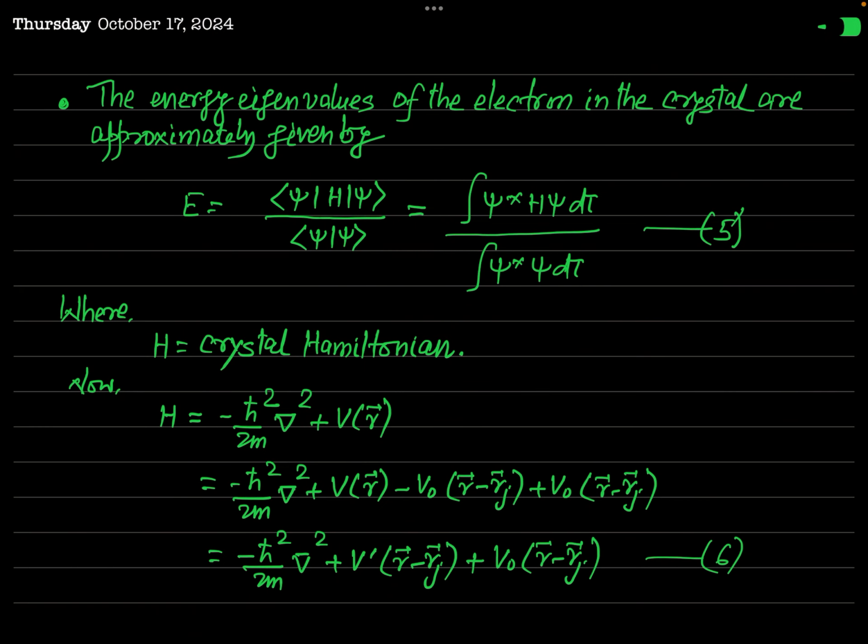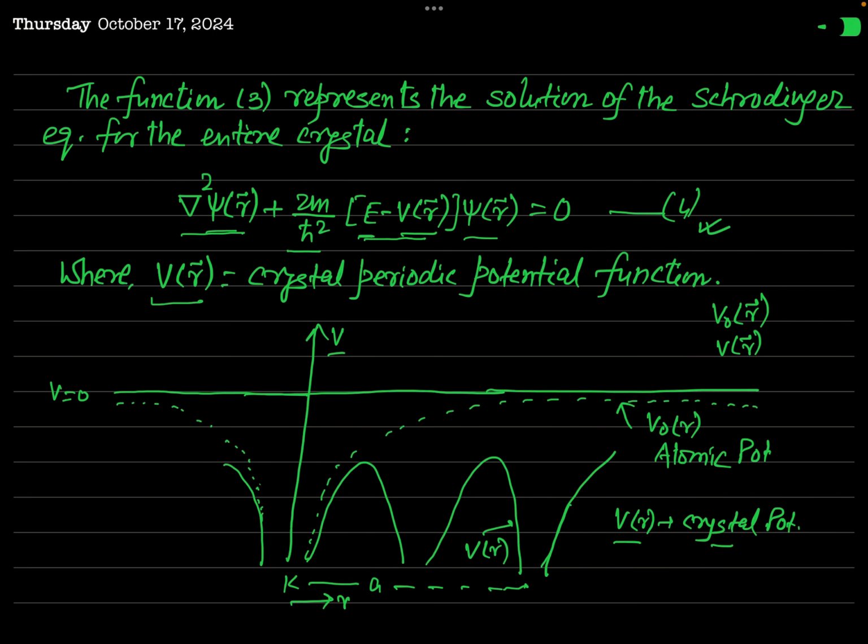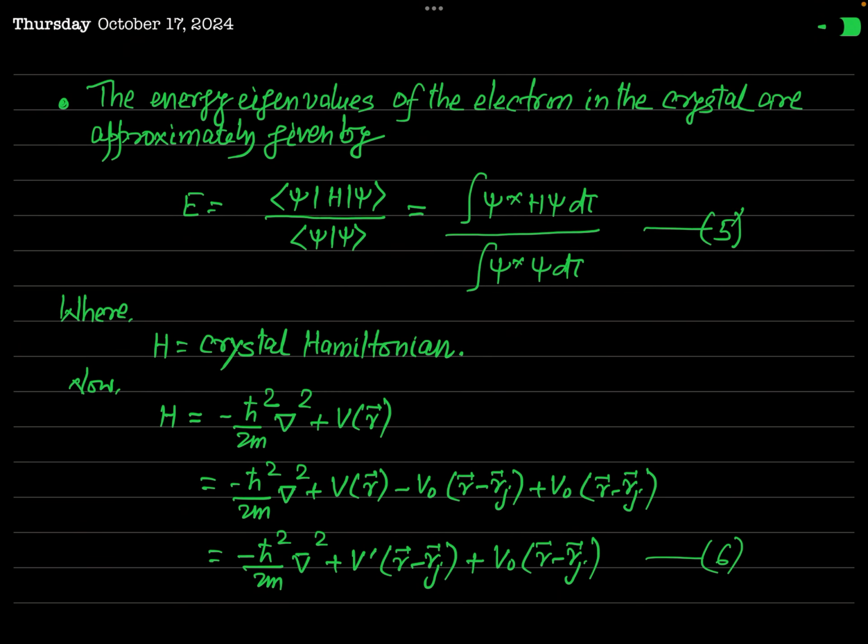Now, after writing the time independent Schrodinger equation for an electron inside a crystal, you can define the energy eigenvalue of the electron. This energy eigenvalue is simply the expectation value of the Hamiltonian.